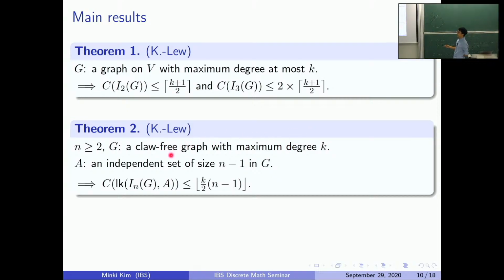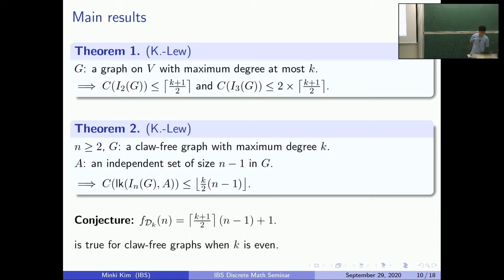So we consider claw-free graphs with maximum degree k. Whenever we take an independent set A of size n minus 1, then certainly A is a simplex in I_n of G. Then we look at the link complex of A in I_n of G, and it is k times (n minus 1) over 2 collapsible.